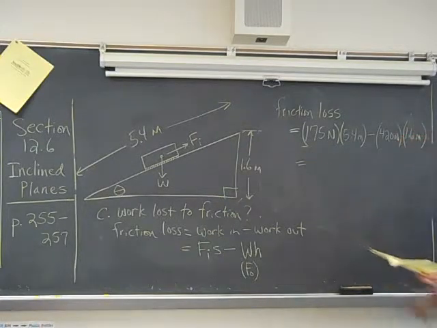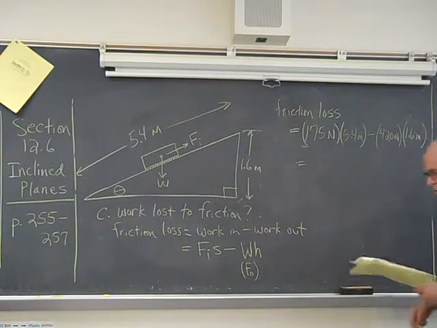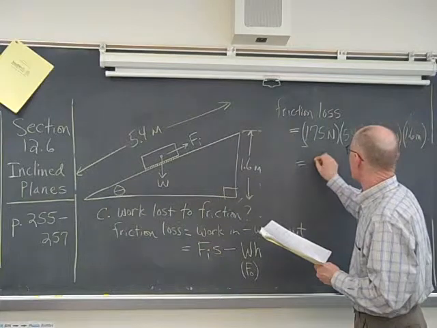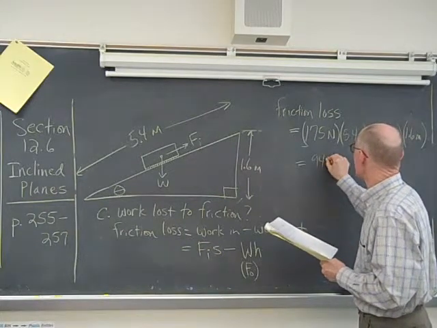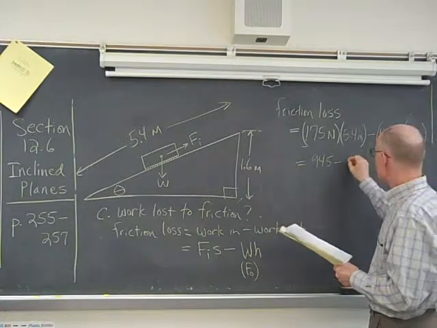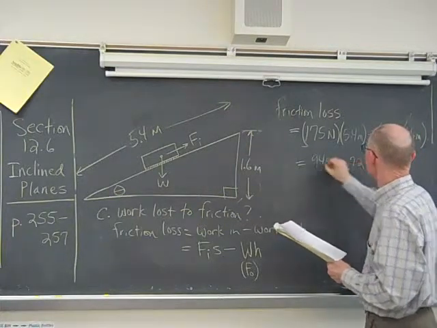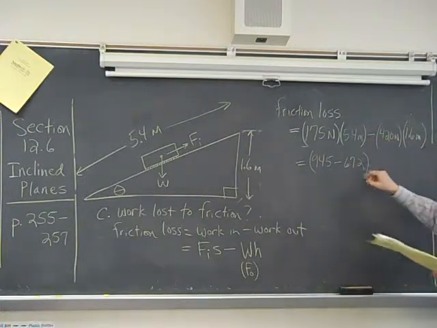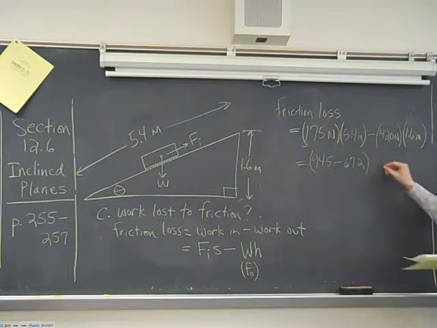So then, if you do the calculation, your friction loss then is equal to 945 minus 672, and you can see the units are Newton meters.